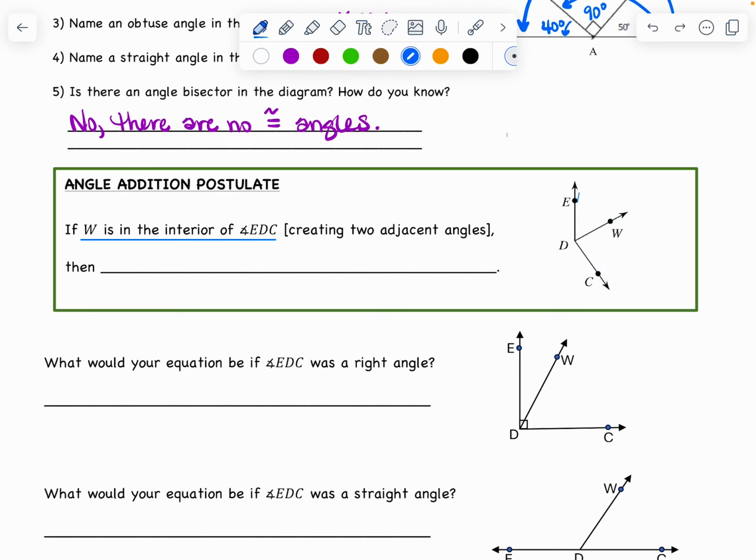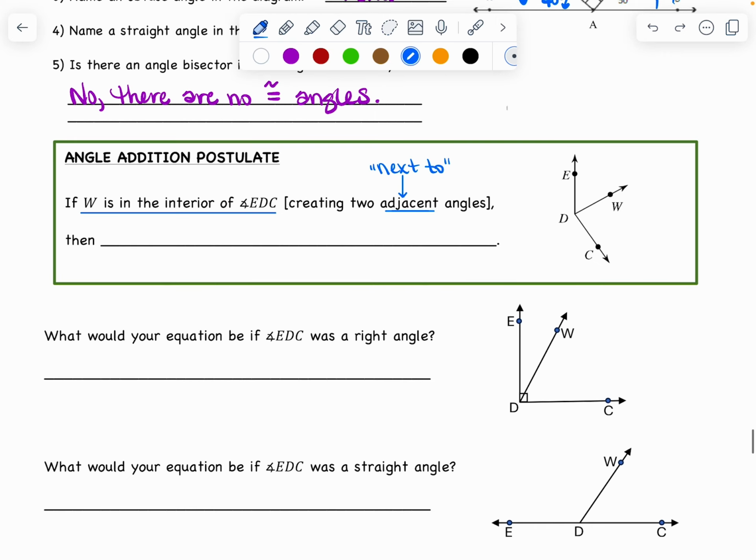And then it says it will obviously create two adjacent angles. We'll define that more tomorrow, but remember adjacent from your vocabulary in English class. Adjacent means next to. So clearly these two angles right here are next to one another, because they're sharing ray DW. So it has to look like this picture in order to use the angle addition postulate.